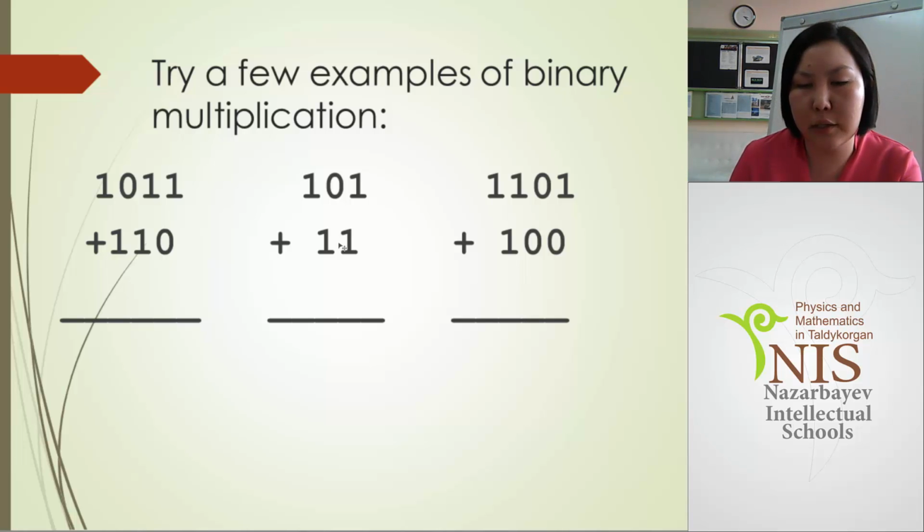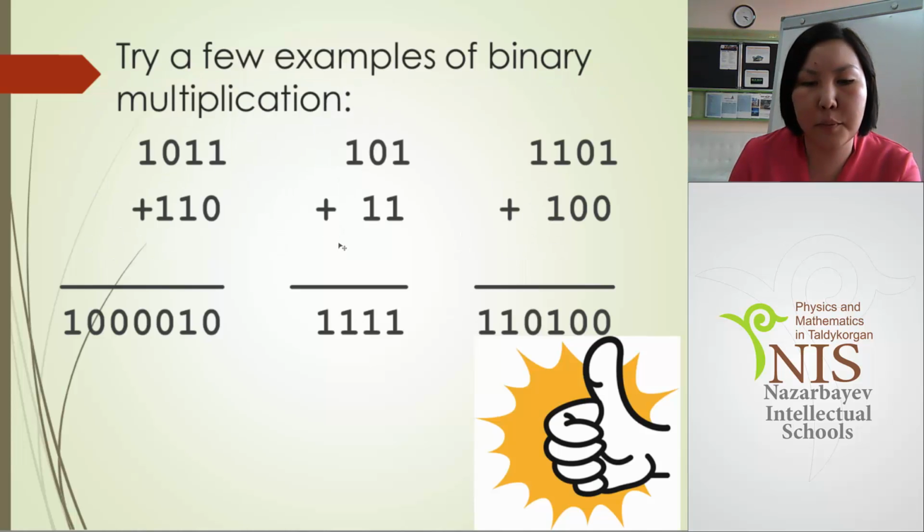The second one is 101 multiplied by 11, and the third one is the easiest, 1101 multiplied by 100. If you have finished, you can check your result with the answer. And if you have these answers, well done, you're good at counting.